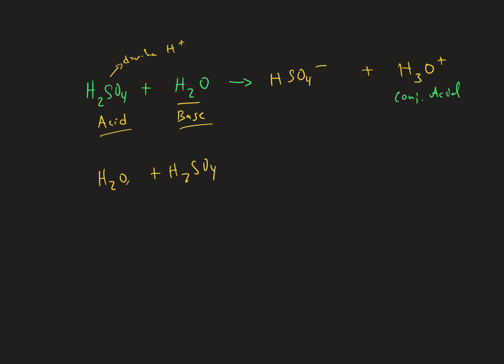Yeah, it accepted that hydrogen ion, and now it's an acid, right? And the conjugate base would be, is this a base? What tells us it's a base? Because it has a negative. It donated one, and now it has a negative charge. So now it can take one, if possible, right?